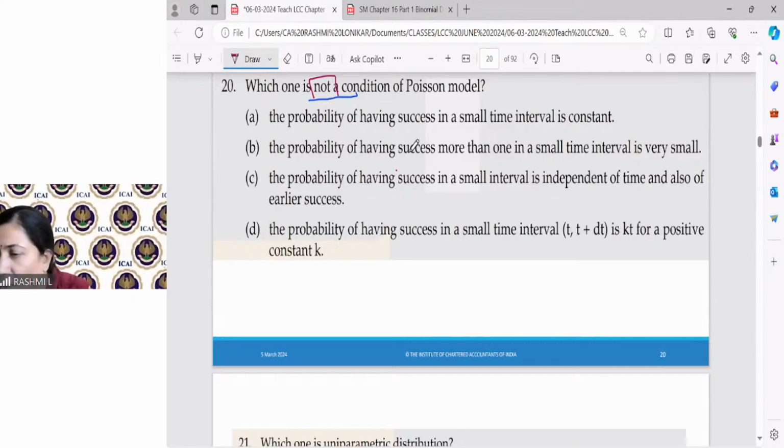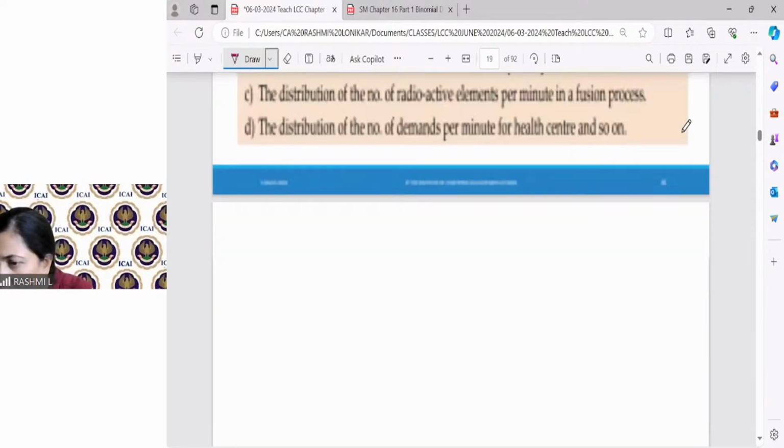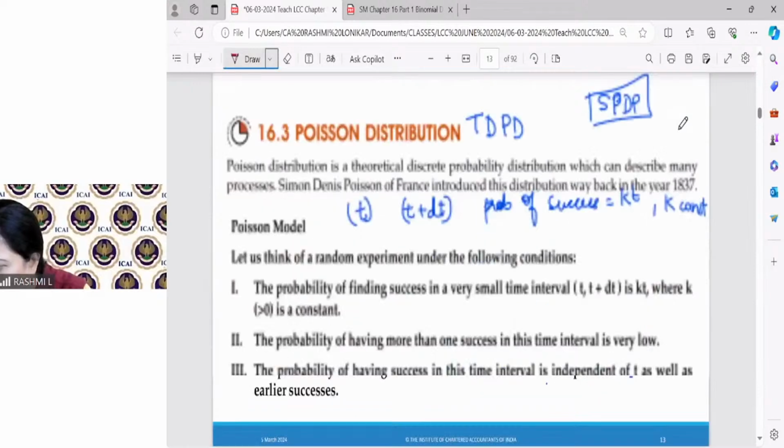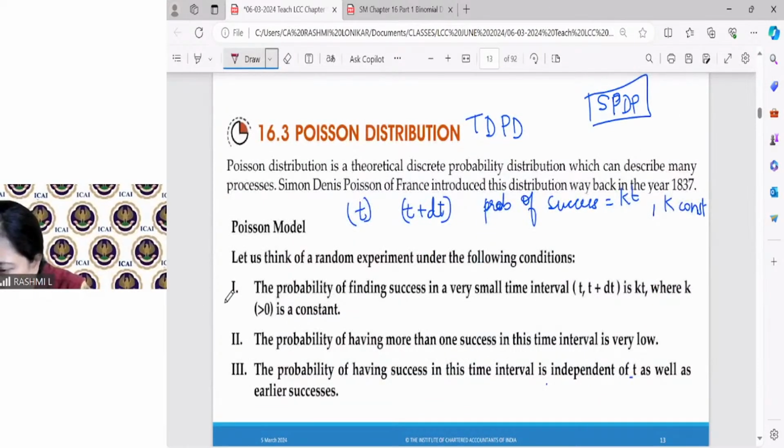The probability of having success more than one in a small time interval is very small. Yes, this is right. This is the condition 2 that we had put here. Okay, this is my C1, this is my C2, and this is my C3.